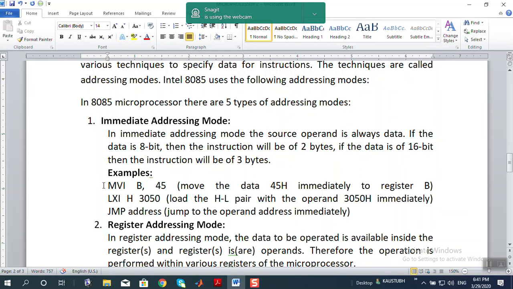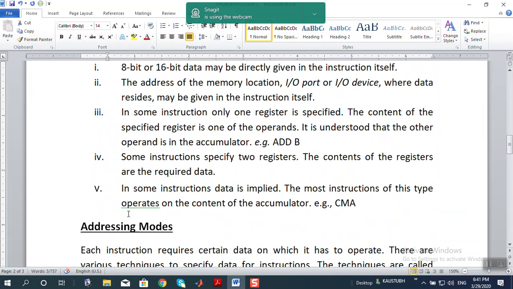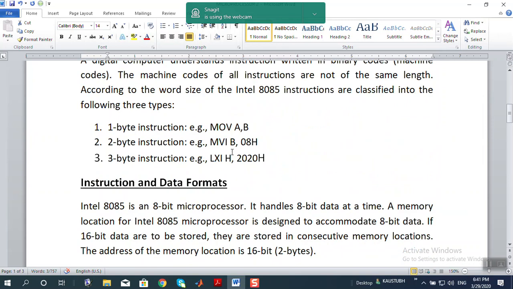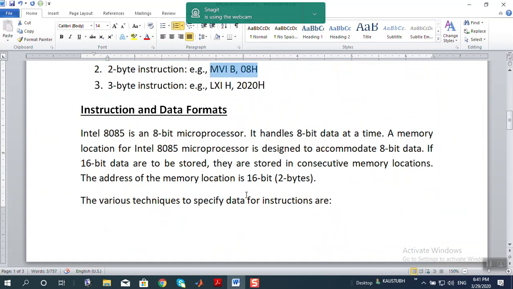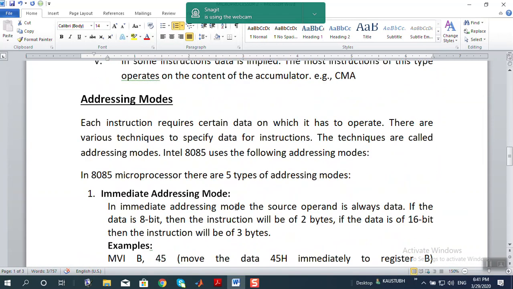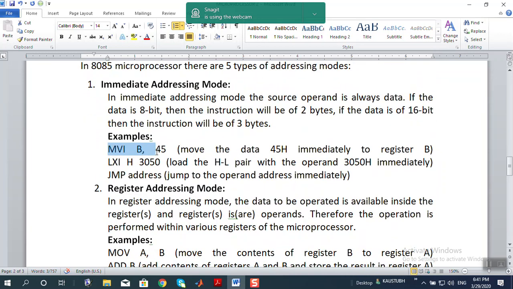For example, MVI B, 45 hex. This is a 2-byte instruction. Better we write H, H means hex. So MVI B, 45 hex. This 45 hex is 8-bit data.